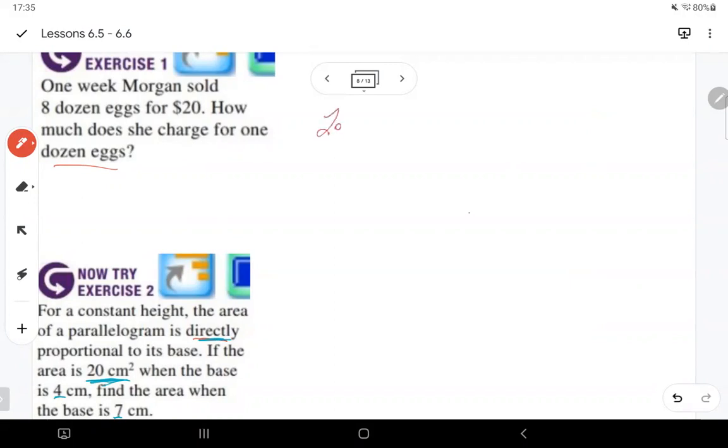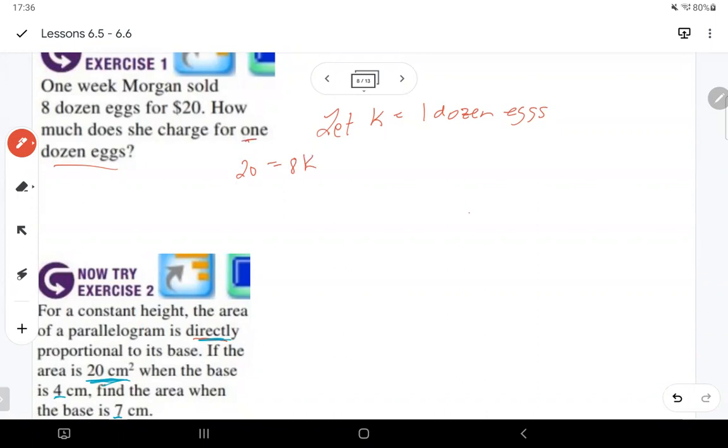So I would say let k equal 1 dozen eggs. So then we know that for 8 dozen eggs, Morgan sells it for $20. And we want to know for 1 dozen eggs.